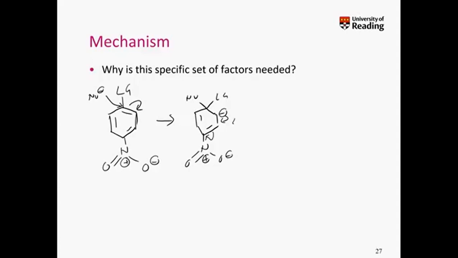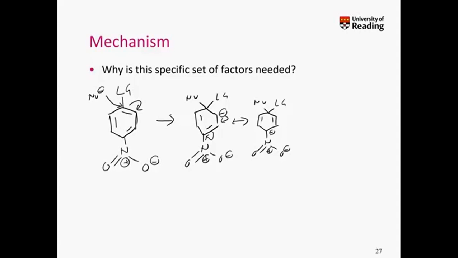So this is a resonance structure. The nitro group is still unchanged. Okay, so we've moved our negative charge down to the bottom of the ring.